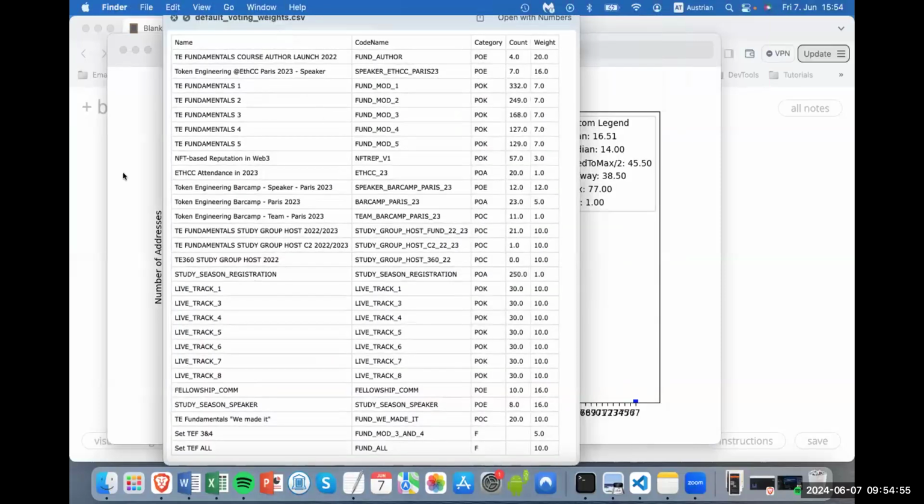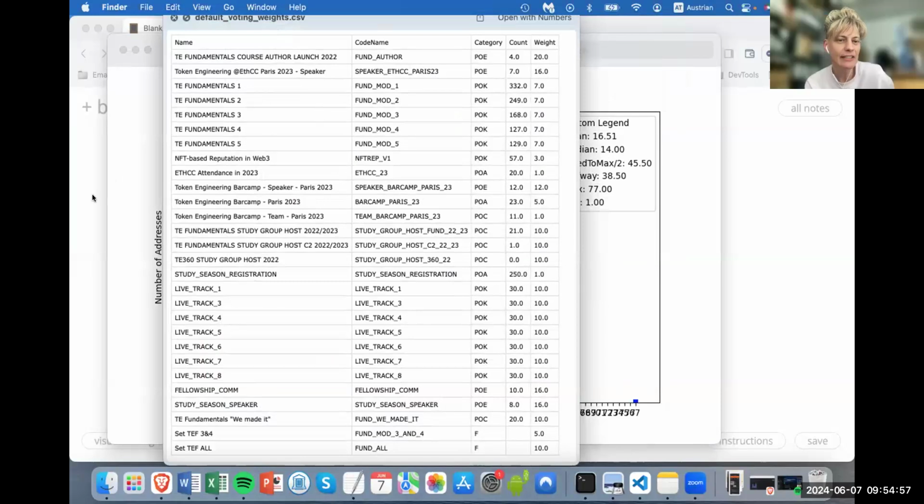Okay, good. Just to give you some insights, let's start with the lowest weights. The lowest weight is 1, for the token engineering barcamp team and for the people who registered for the study season. For the barcamp team, these were just students at the location who signed up to support us. This in itself does not say much about their token engineering knowledge.